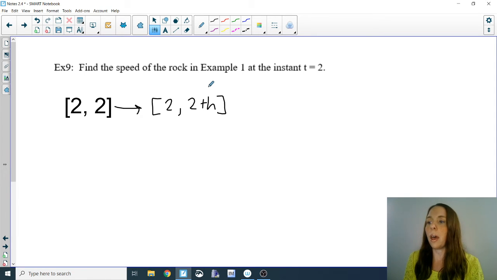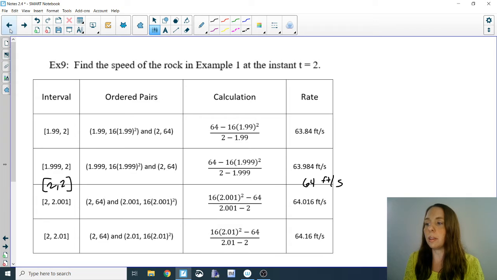Now, if you think about it, going back to this, you want h to be small. You want an interval that is pretty close to being a 2 to 2 interval. So h could be something like 0.01. Take a look at this one. That could be our h here. h could be 0.001.